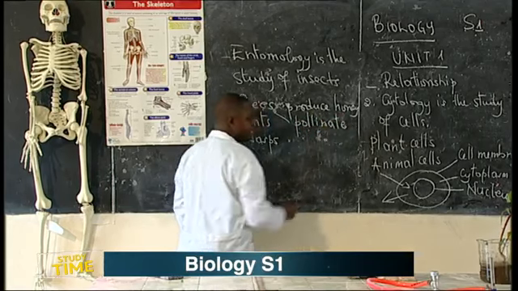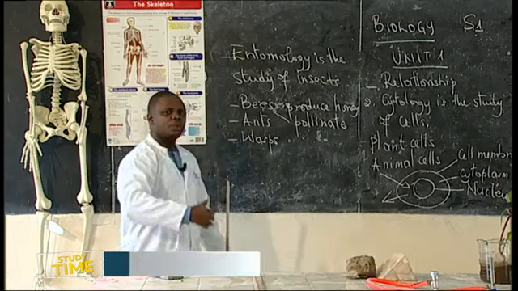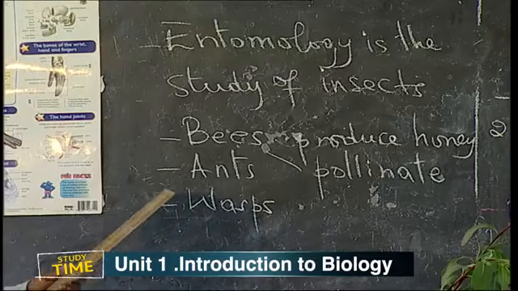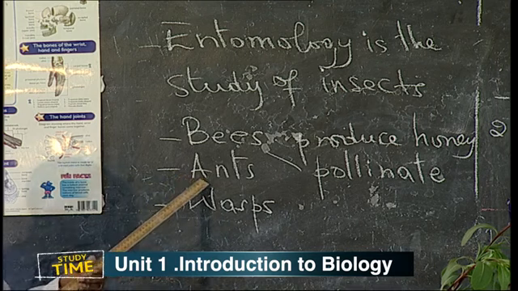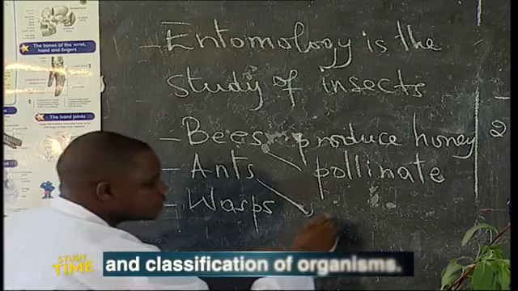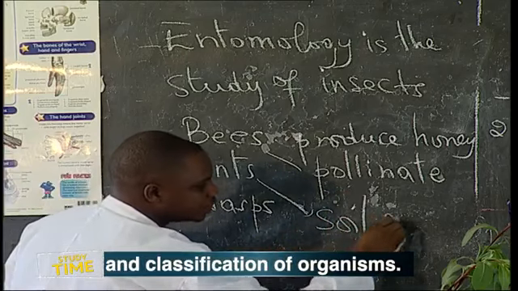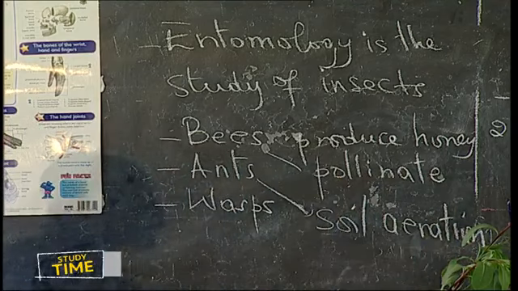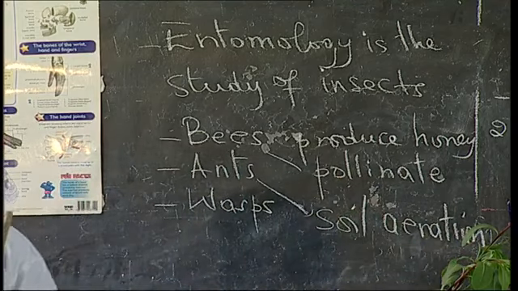They pollinate plants so that we can get more plants. Then how are ants important? Ants are important because they cause soil aeration. That means they can make the soil breathe.